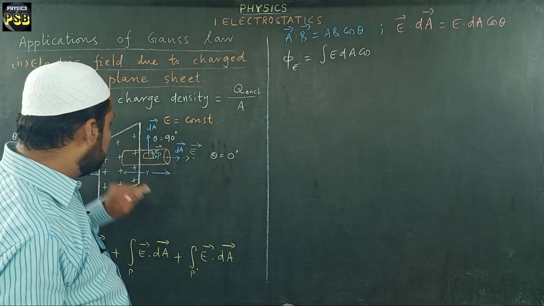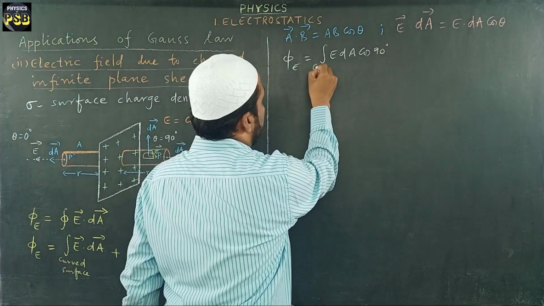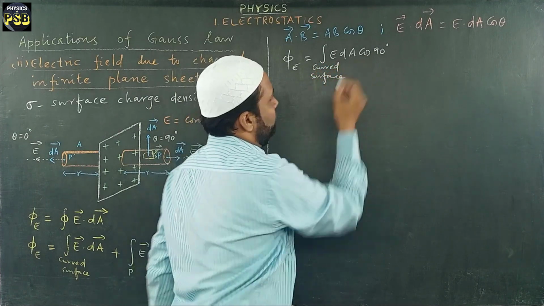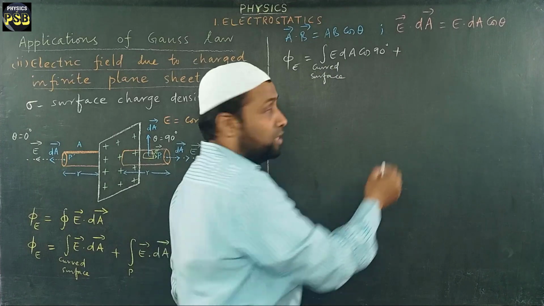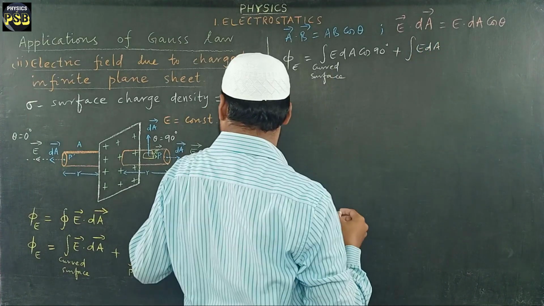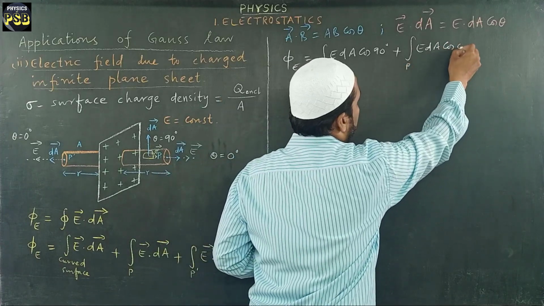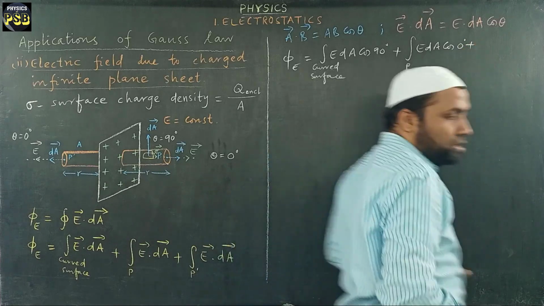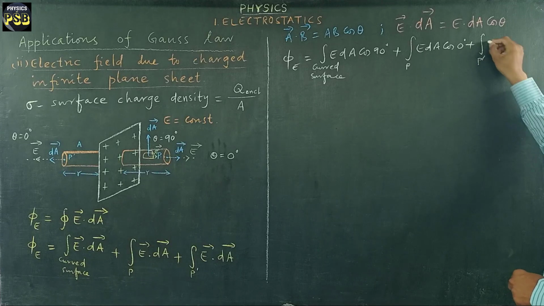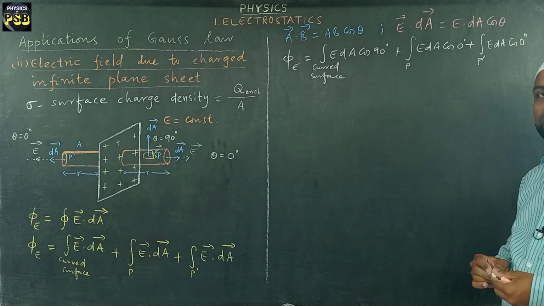For the curved surface, the theta value is 90 degrees. The flux is the integral of E dA over the curved surface times cos 90, plus the integral of E dA over P and P dash times cos 0 degrees.